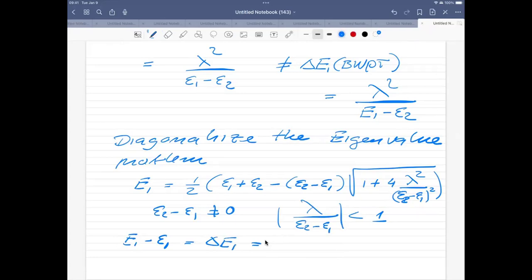I get lambda squared divided by epsilon 1 minus epsilon 2 here. And then I have a new term which runs like minus lambda to the power of 4, which indicates that we should expect a non-zero contribution from fourth order in Rayleigh-Schrödinger perturbation theory. And this goes on like that.